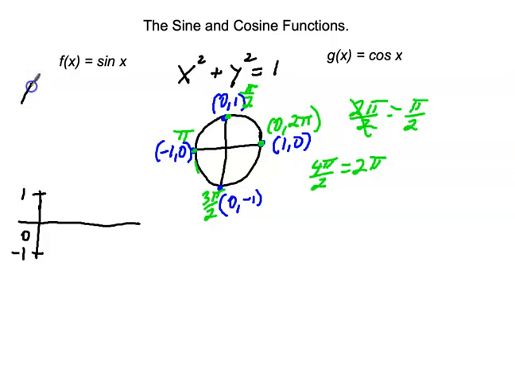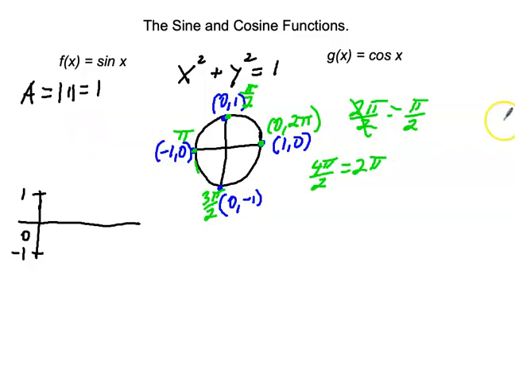And again, amplitude is basically the absolute value. So if the number in front of sine was, let's say, negative 3, then we would have amplitude of absolute value of negative 3, which would be 3. So in this case, the amplitude is the absolute value of 1, which equals 1, because the number here is an invisible 1.